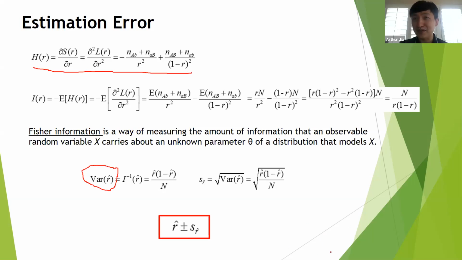Why do we need to do this? Because we need the variance of this estimation, which shows the uncertainty of the estimation of this parameter. We're going to use this to construct the confidence interval.